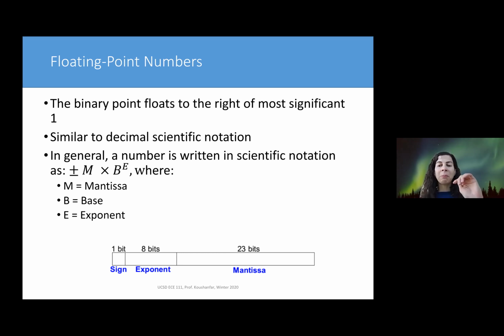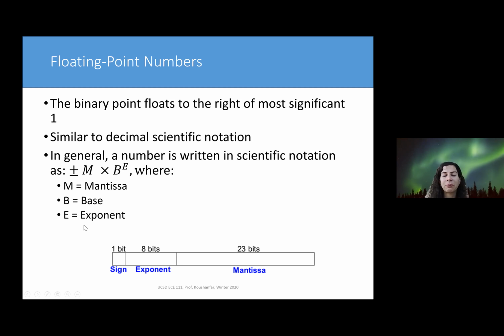That means that the digit to the left of the point is always a 1. And the way we represent this is there's a mantissa, and there is a base which is 2, and an exponent, which could be a number in a certain range that we agree on. And this is basically how we compute it.